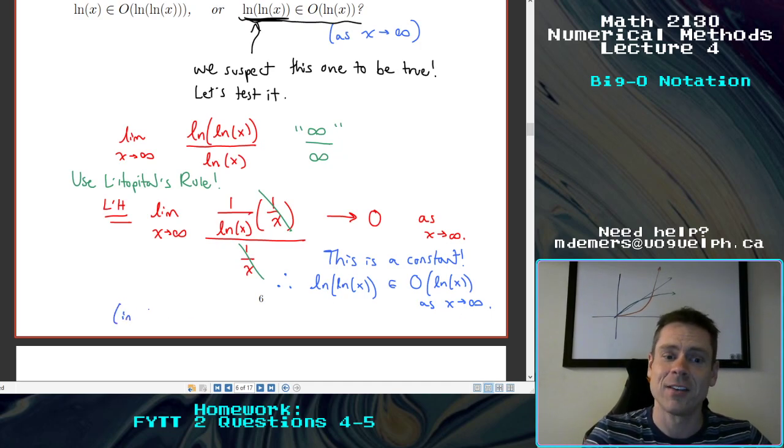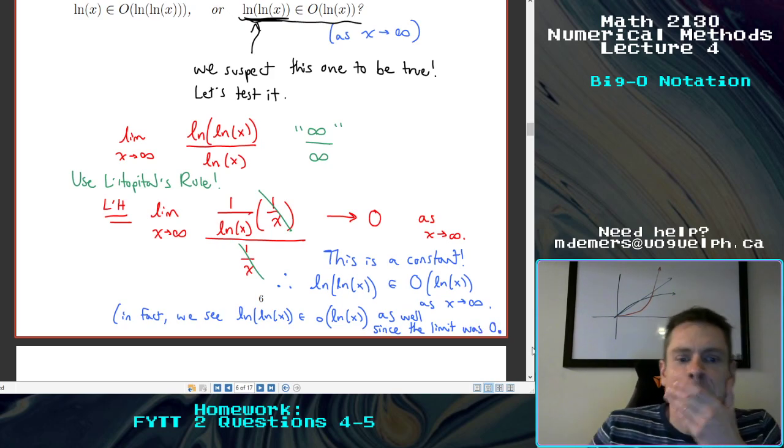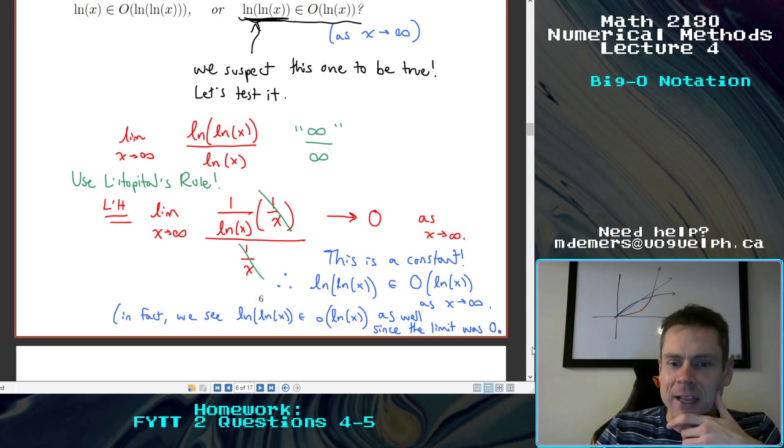And in fact, we see that ln of x is also little o of ln of x as well, since the limit was 0. Okay, I should put an end bracket there.